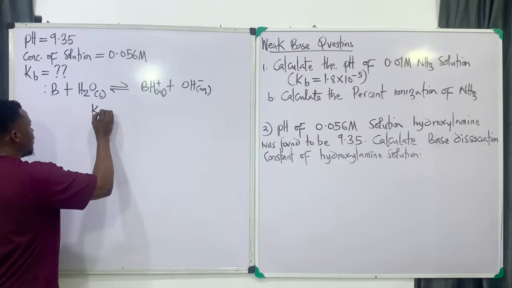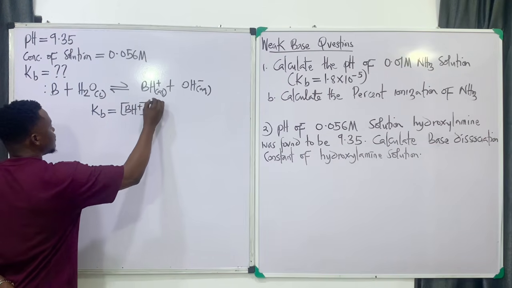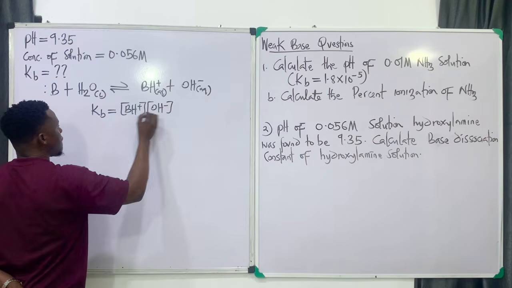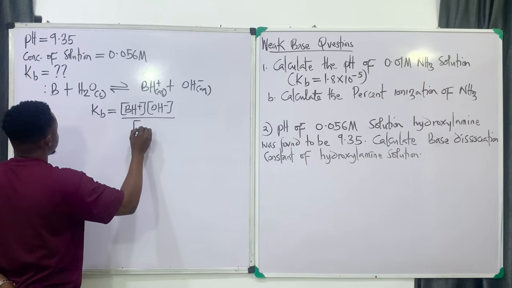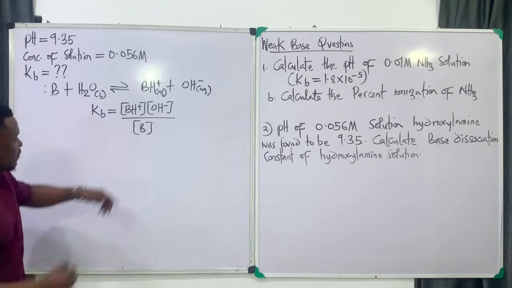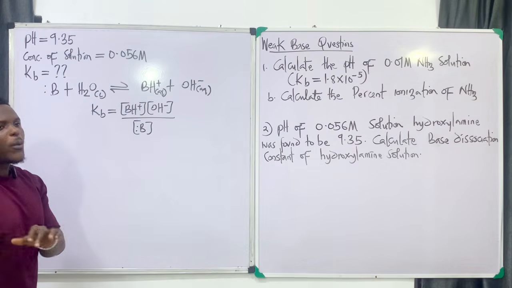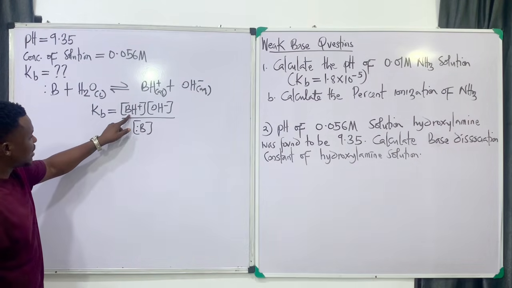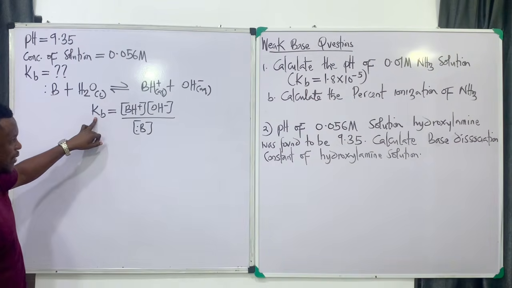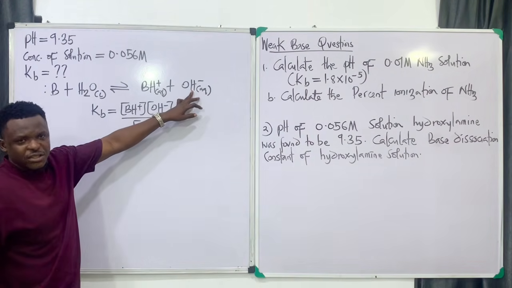So our Kb is equal to the concentration of BH plus times OH minus over the concentration of the base. Now we know the concentration of the base, which is 0.056. So what we just need is to get the value of this and this, insert it and solve for our Kb. But we do not know the value of OH.